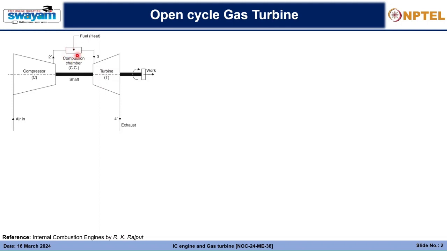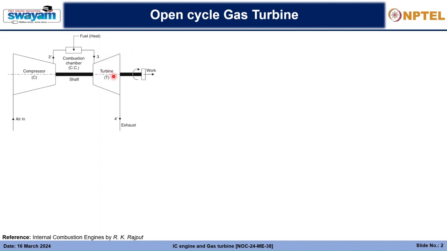Accordingly, combustion will occur in the combustion chamber, which is generally at constant pressure, and this combustion leads to the generation of a gas at very high temperature and high pressure. This gas will then go inside the turbine and expand, and when it is expanding it will release its higher enthalpy state.